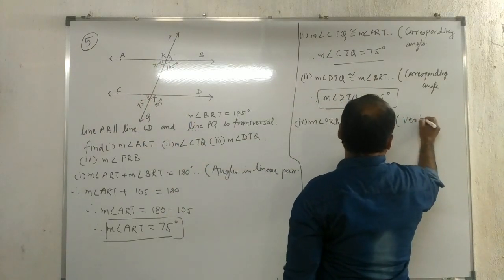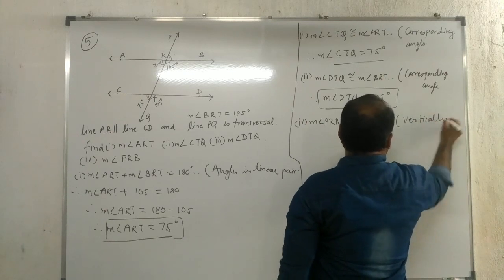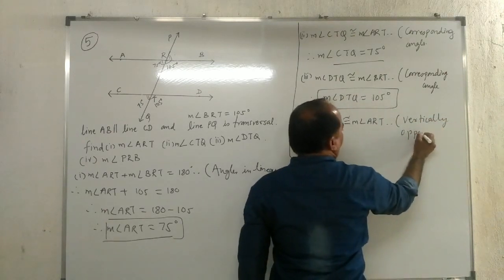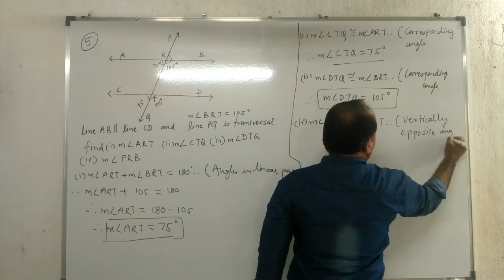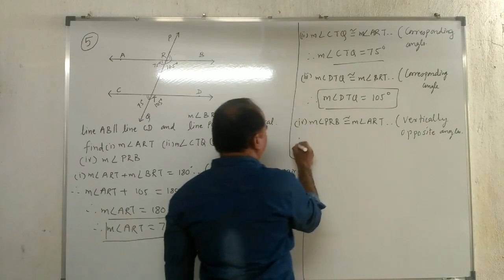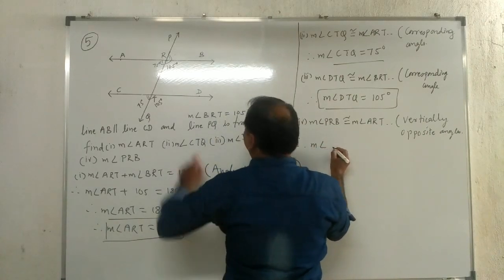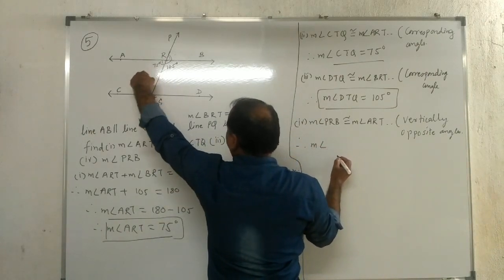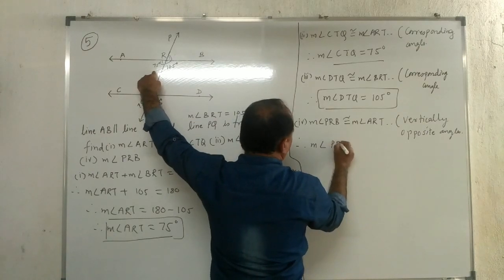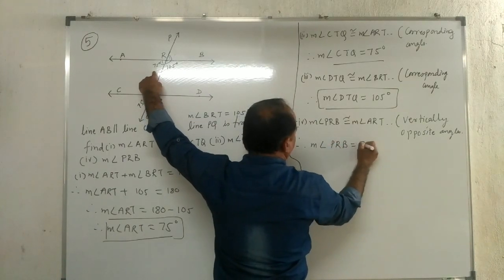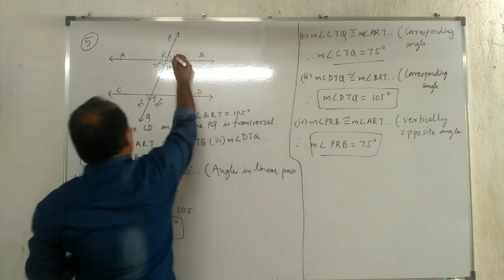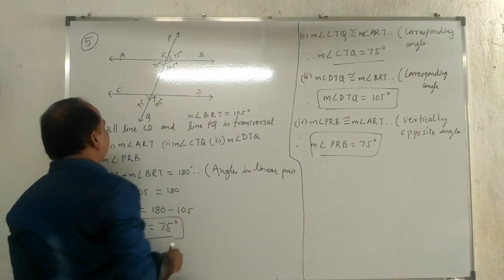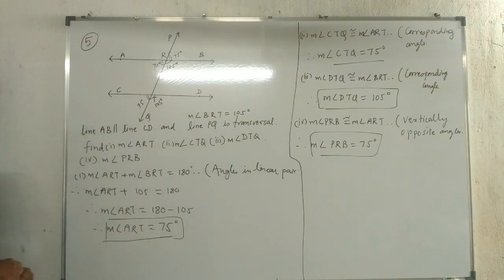Vertically opposite angles are congruent. Therefore, since measure of angle ART is 75, measure of angle PRB is also 75 degrees.